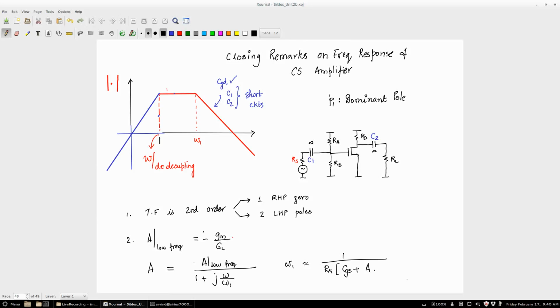Otherwise, roughly it is A low frequency divided by 1 plus j omega by omega 1, where omega 1 is approximately 1 by RS times CGS plus the low frequency gain, GM by GL, times CGD, and this is also the bandwidth.